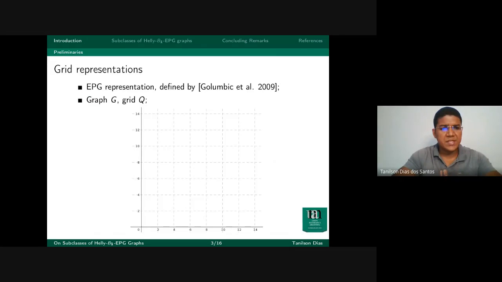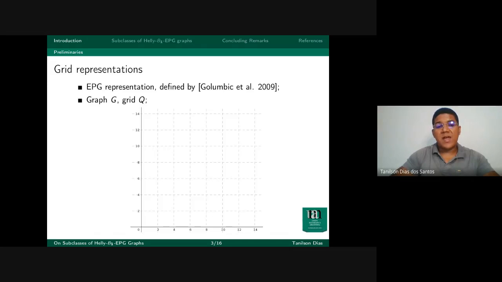On grid representations. EPG representations were defined by Golumbic et al., 2009. EPG graphs are graphs that have EPG representations: Edge Paths Intersection on a Grid.